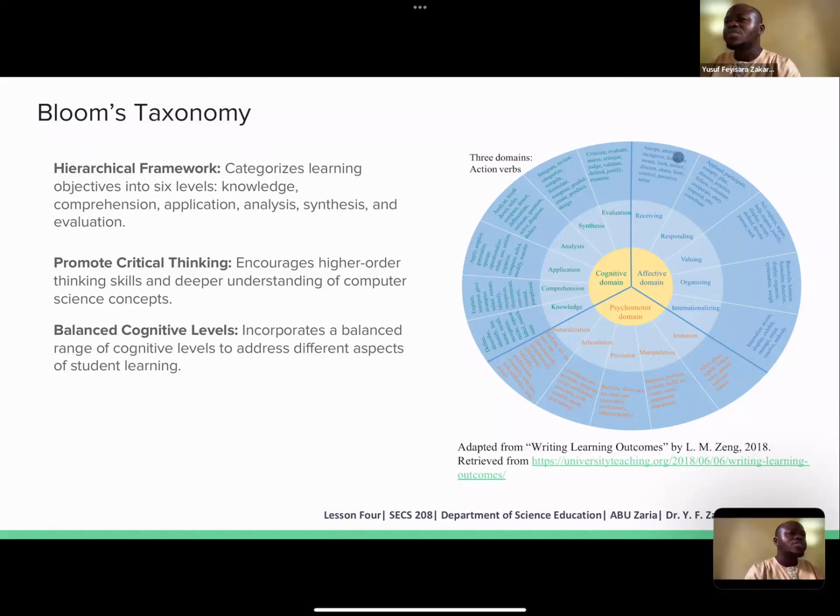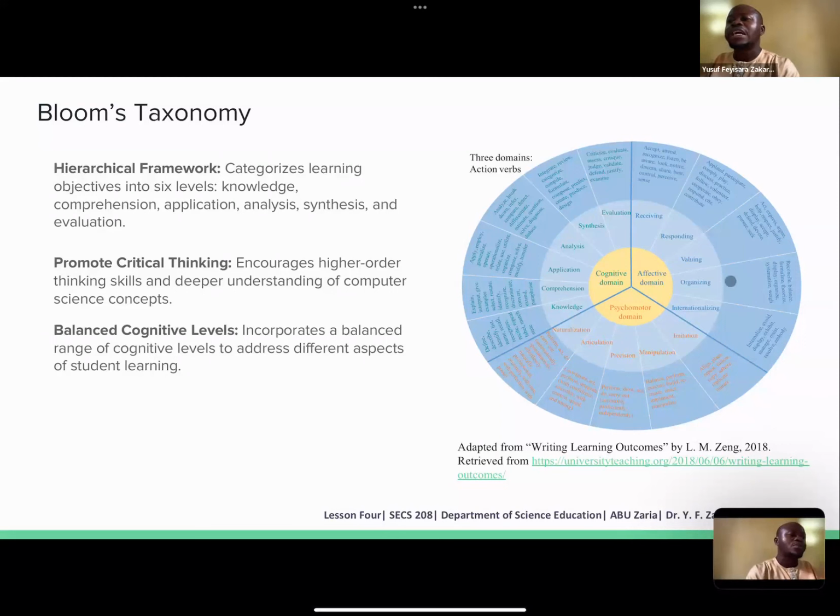Under receiving, there are some suggested verbs, which are accept, attend, recognize, and so on. Under responding, you have applaud, participate, compile, play. Under valuing, you have internalize, avoid, display. These are the verbs that you can use to qualify the affective domain.